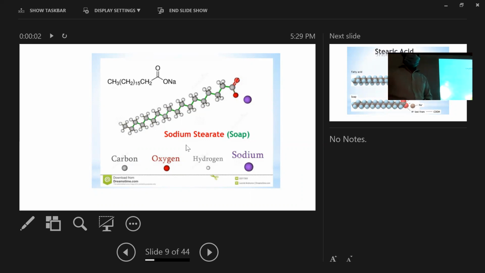So all of you should have some knowledge about this sodium stearate. When I started to learn about soap, the first example I learned was sodium stearate. Already I have given the structure and everything in the slide there.